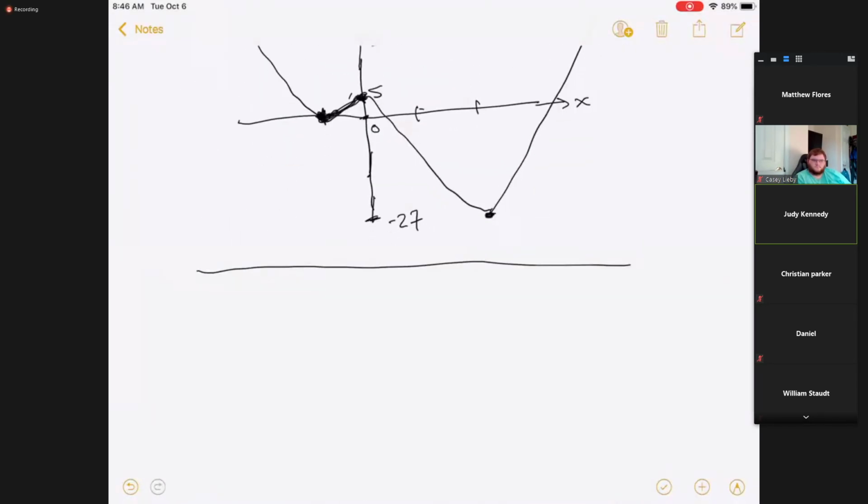Okay. This is a little bit different. This is one involving a trig function.